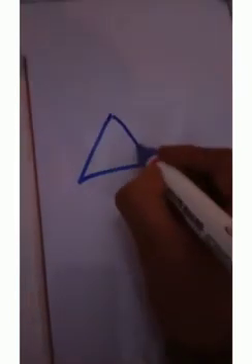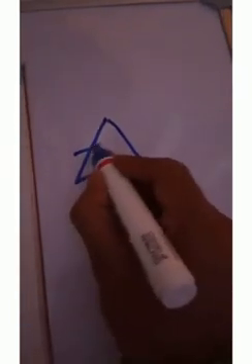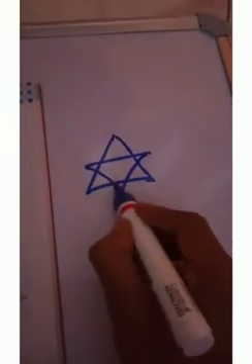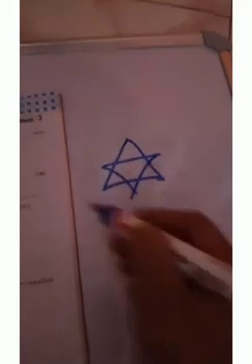So, I think you all draw it in your book. See here how you draw it. First of all, triangle, then this opposite triangle and triangle. It's a star.